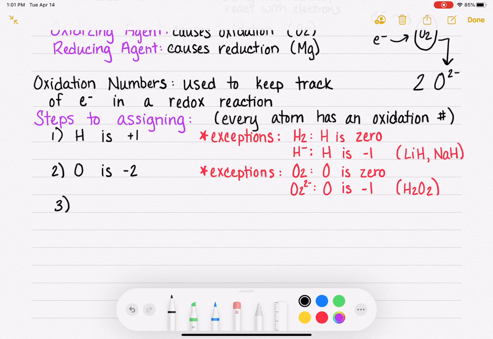Step 3, for a monatomic ion, that means an ion that is made of just one type of atom like K+ or Na+ or Li+ or N3-. A monatomic ion, its oxidation number is the same as its charge.